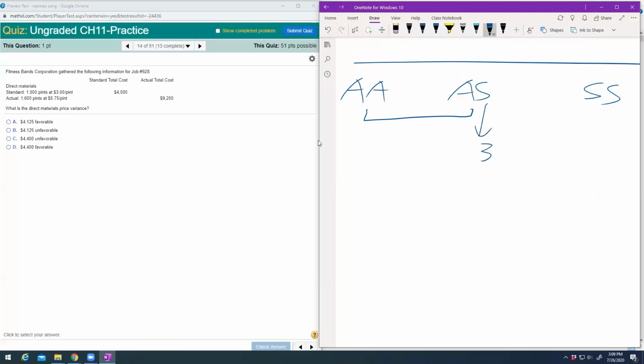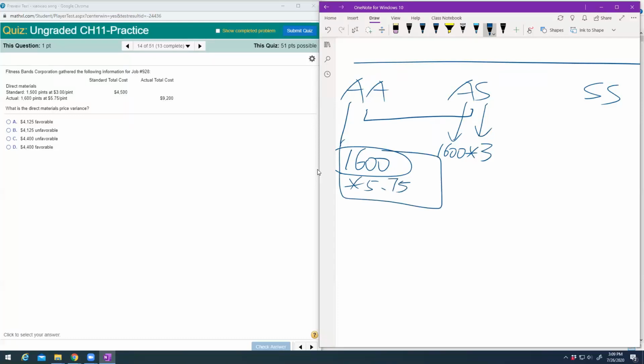But our actual is we totally used 1,600. So do me a favor, when you put 1,600 there, put 1,600 here. And then our actual is we purchased at 5.75 for one unit, for one pint.